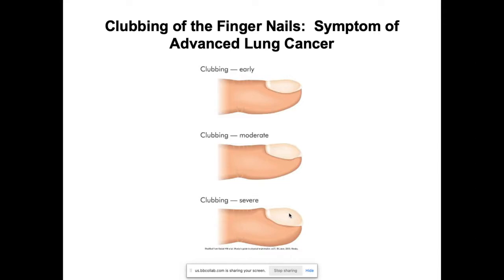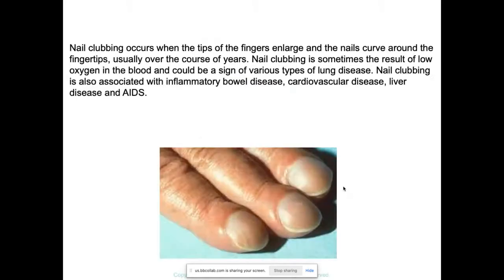We see it with people that have celiacs, some intestinal permeability issue. This is what it looks like. This is what clubbing of nails looks like. And you can see it could be the result of deprivation of low oxygen or lung diseases. We also see intestinal issues like inflammatory bowel disease, cardiovascular issues, liver issues, and even AIDS.